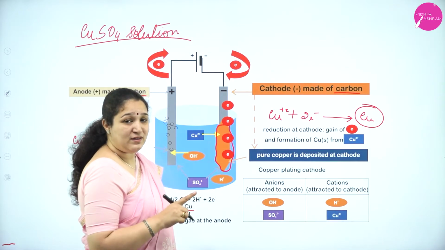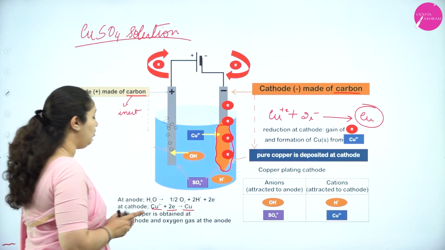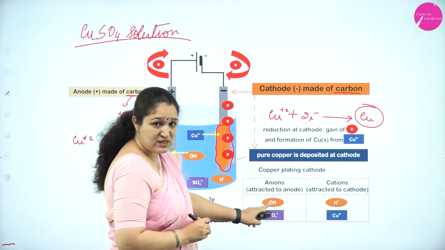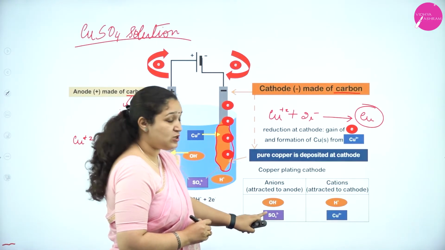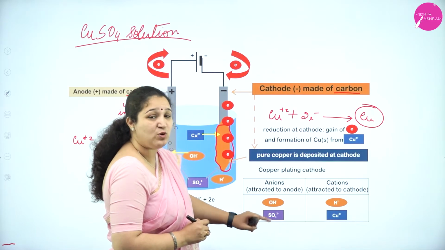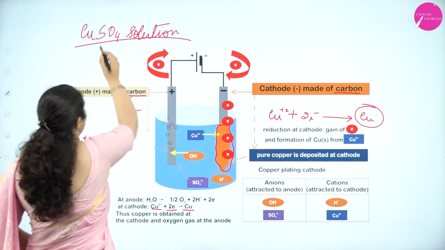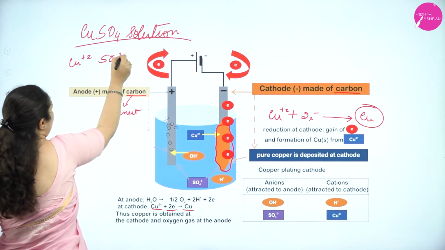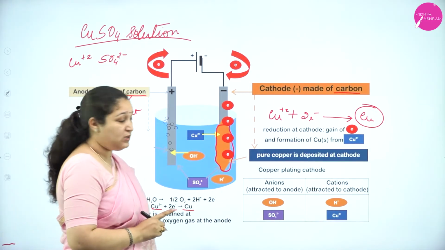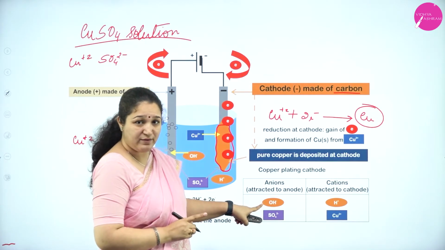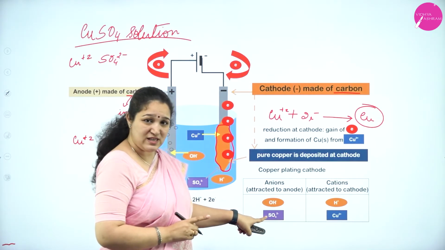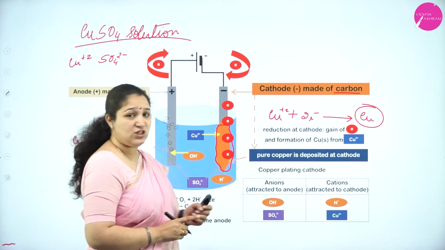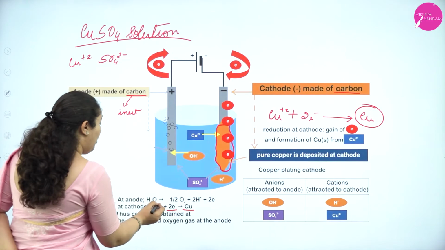Okay, but when it comes to the anode, what are the anions I have? I have OH- ions from water, and also sulfate ions from copper sulfate. Say I took copper sulfate, so I have Cu2+ ions and SO4 2- ions. Also from water I have OH- ions. So OH- ion and sulfate ion I have, out of which which reaction will happen?